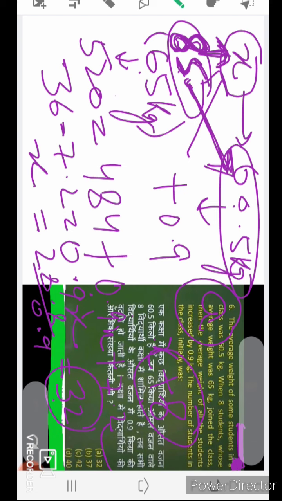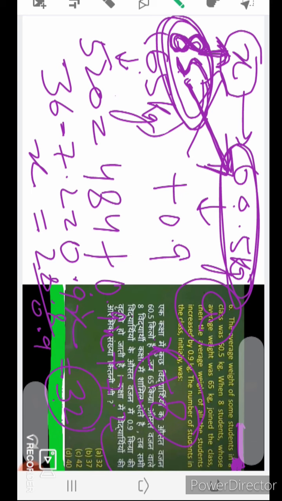So remember that we have to multiply these 8 students with 60.5. So this is again the cross multiplication technique we have applied in this particular question. Remember this, don't make the mistake. I have made the mistake. This is the silly mistake in which your question is going to be wrong. So always keep in your head as a reminder how many students are going to be added in the particular question, and do accordingly.